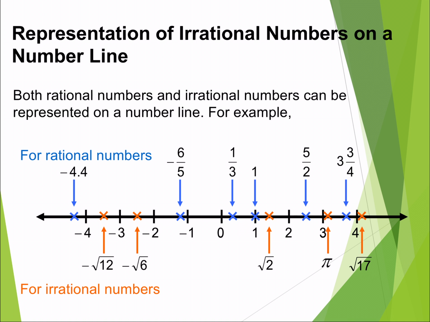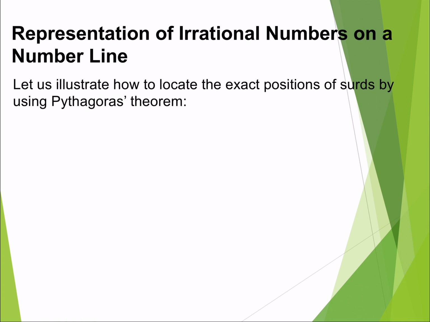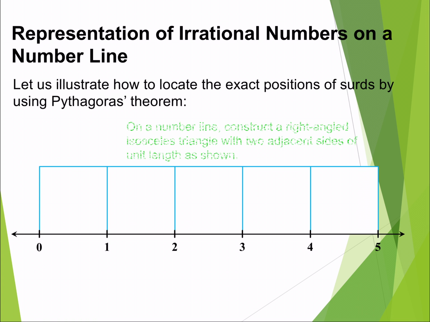Use your calculator to find the value of the square root so that you can locate the irrational number on the number line. But for some irrational numbers, we can locate the exact position by using the Pythagoras theorem.